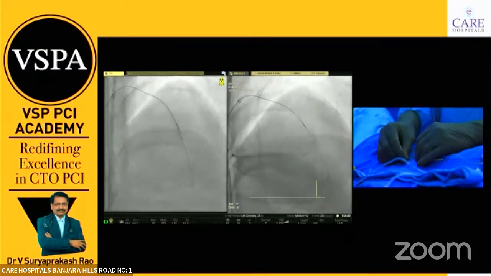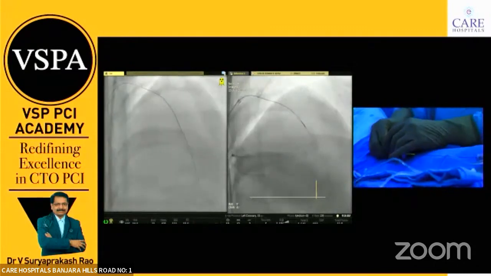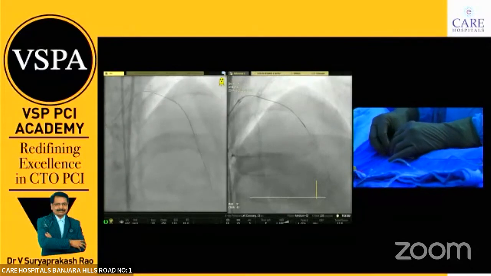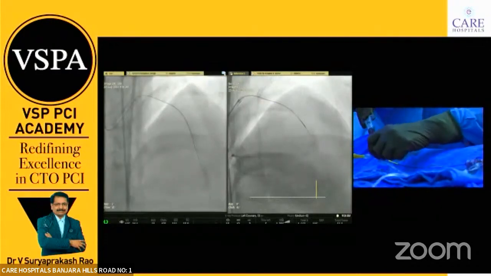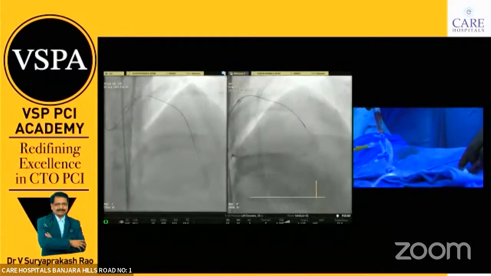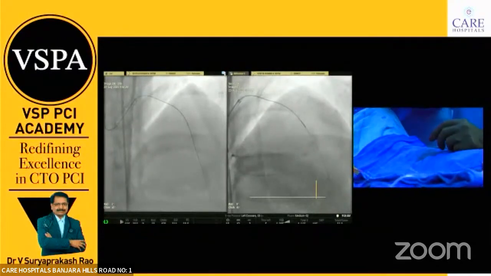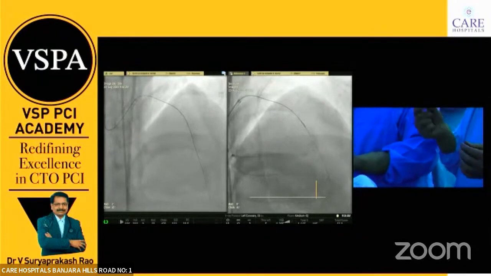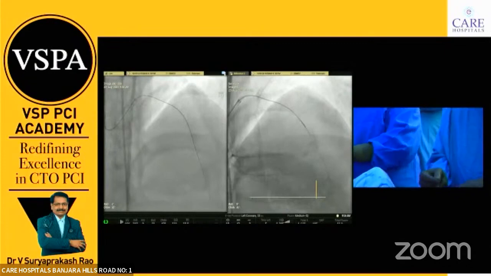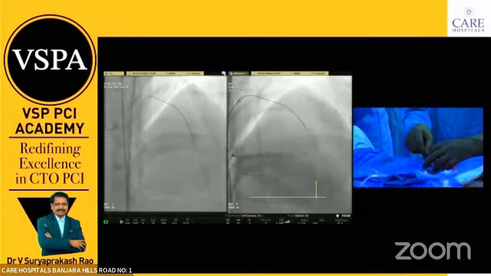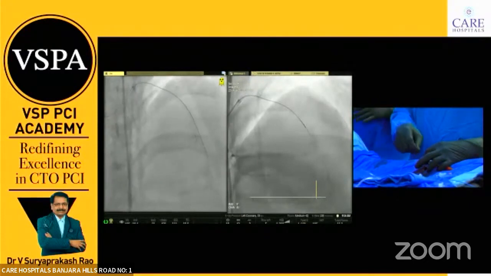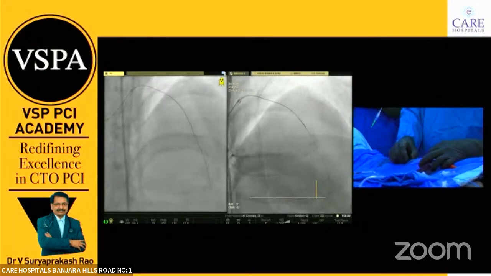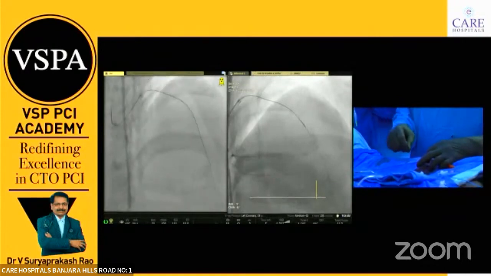Balloon trap. I will remove the Corsair. There, now you got some balloon trap, which can be used in 6 French compatible catheters.